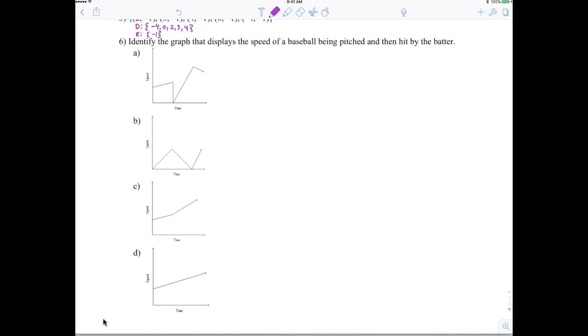Now, if somebody pitches the ball, is the speed increasing or decreasing? Increasing. Now, does the baseball start out moving?